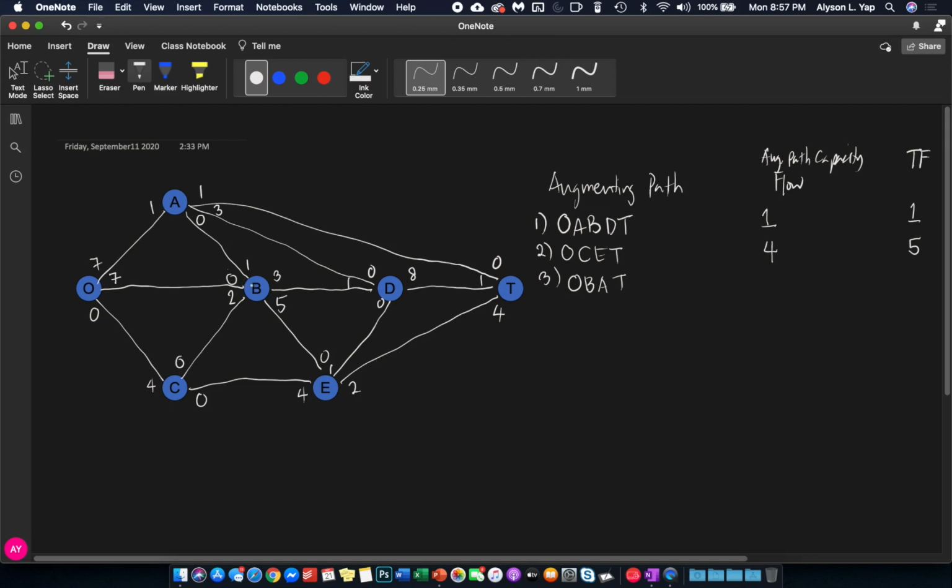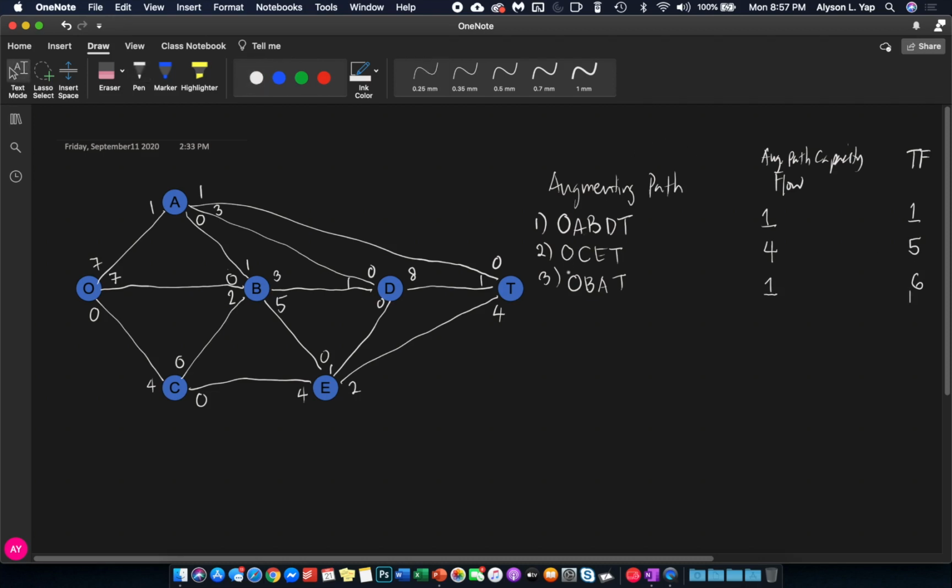What's the capacity of BA? 1. What's the capacity of AT? 1. So yes, this is actually an augmenting path where the minimum of 7, 1, and 1 is actually 1. Therefore, the capacity of the augmenting path is 1, and therefore the total flow is 6.